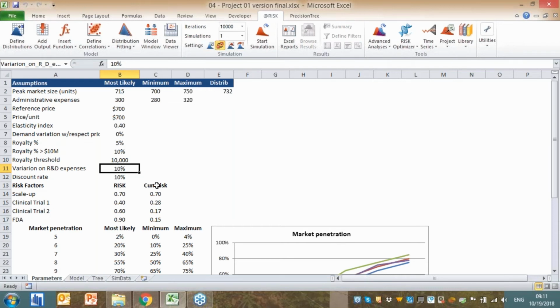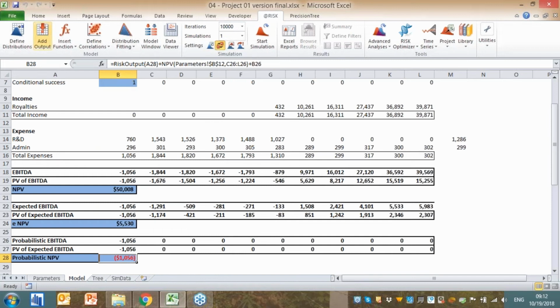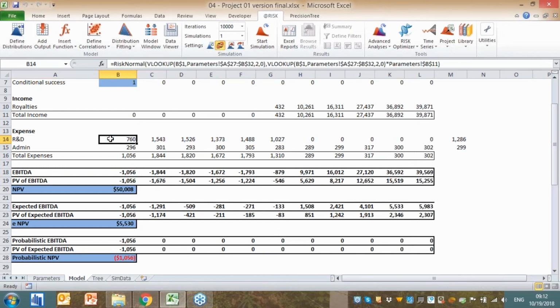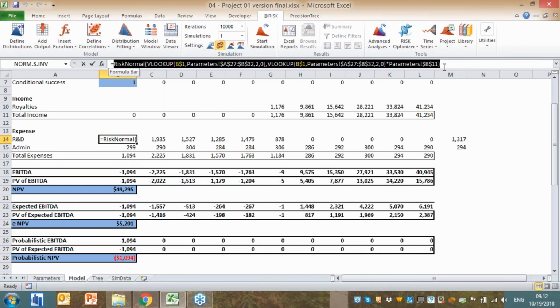So how does this impact the creation of our model? If I were to go here to R&D, take a look that the R&D row has numbers that at every single F9, that is recalculation of my model, I'm obtaining different figures. And these figures stem from the fact that I'm already using a normal distribution function over here.